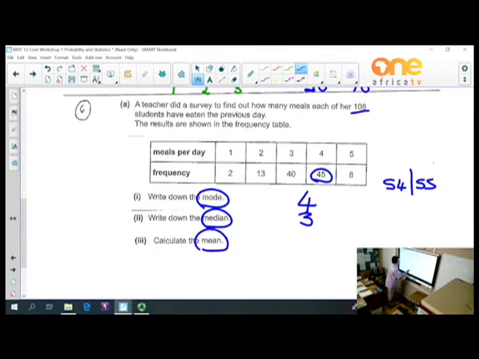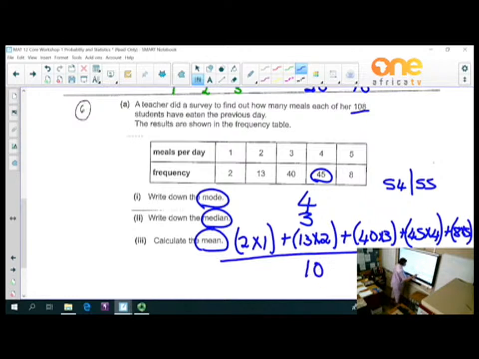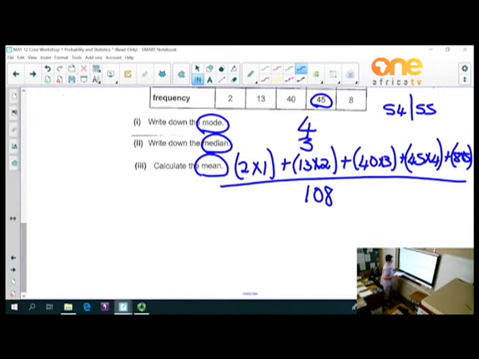And then the last one, the mean. So 2 times 1 plus 13 times 2 plus 40 times 3 plus 45 times 4 plus 8 times 5. I must multiply them, and I divide them by the total of 108, which was the original total amount.